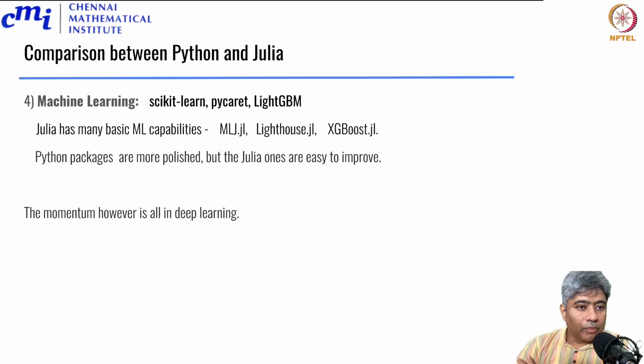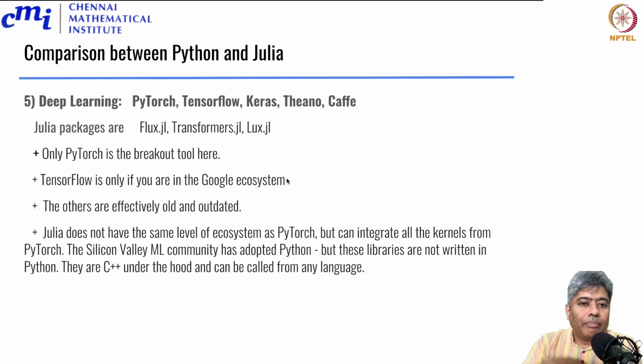For machine learning, the bunch of Python packages are scikit-learn, PyCaret, LightGBM, and comparable Julia packages are there: MLJ, Lighthouse, XGBoost. PyTorch, TensorFlow, Keras, Theano are still much better when it comes to deep learning packages.